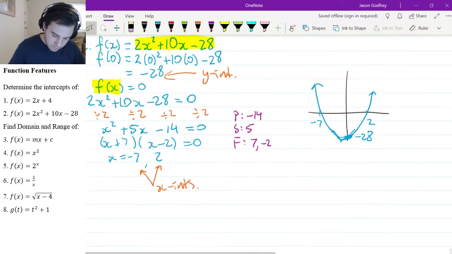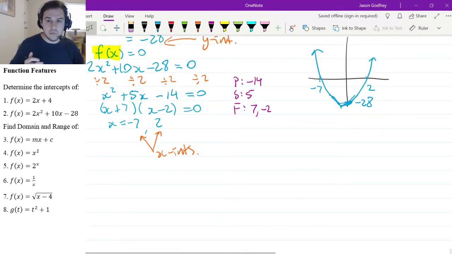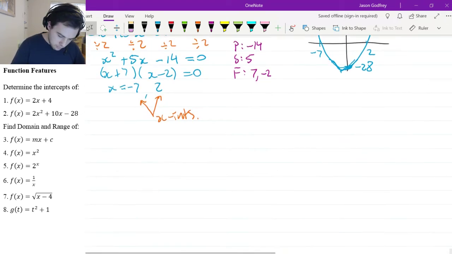So this idea of restrictions on the inputs and outputs are called the domain and range. So I'll define them here.